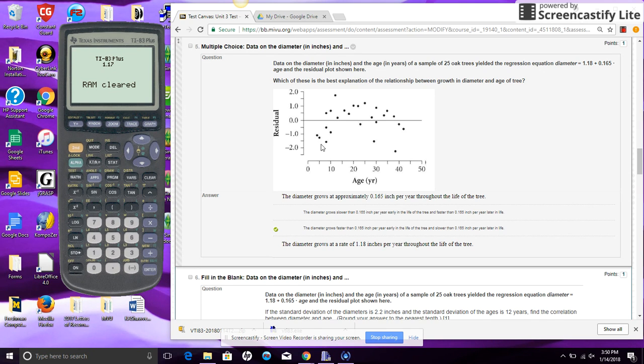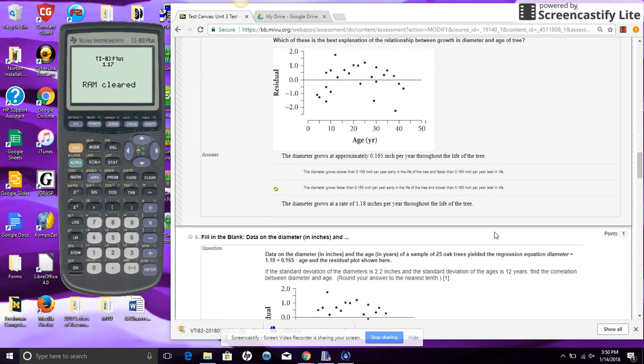So there was some kind of growth mechanism going on here. But later on, if you were to draw some kind of line, it would be a line with a negative slope. So that's why the growth is decreasing later in the life of the tree. Hopefully that answers your question on number 5.